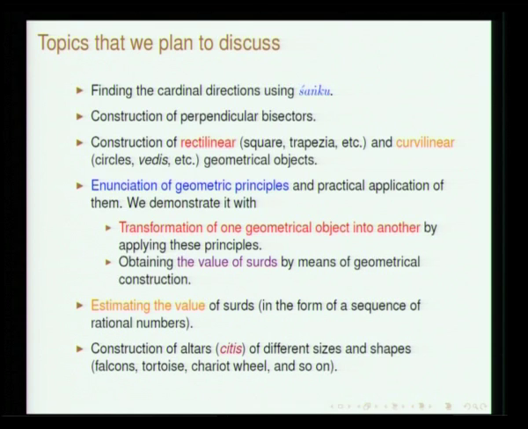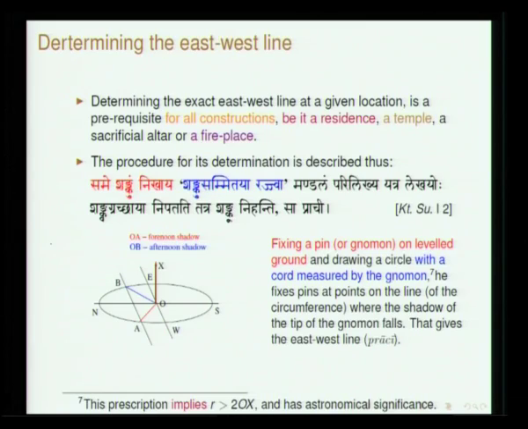So, these principles, and how do we make use of these principles? This Pythagorean theorem is called Bhuja Koti Karna Nyaya in Sanskrit. This theorem is so fundamental that it plays a major role even in transforming a particular geometrical object into some other shape, as we will see a little later. Then construction of chitis. So, these are the various topics that we will discuss.